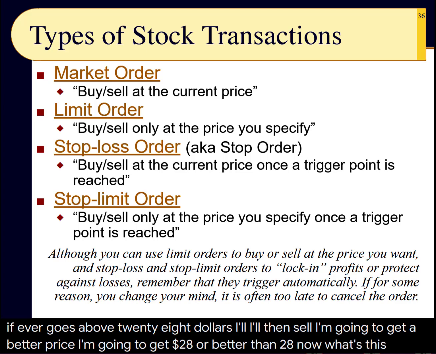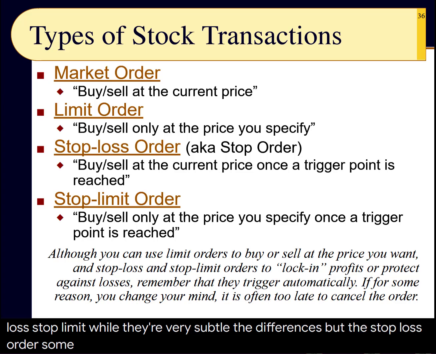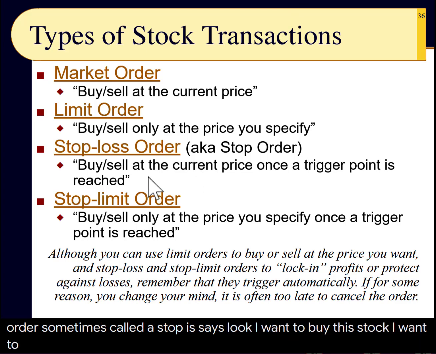Now, what's the stop loss, stop limit? Well, they're very subtle, the differences. But the stop loss order, sometimes called a stop, says, look, I want to buy the stock, I want to sell the stock, but only when this trigger price is reached, this trigger point. And then it becomes a market order.